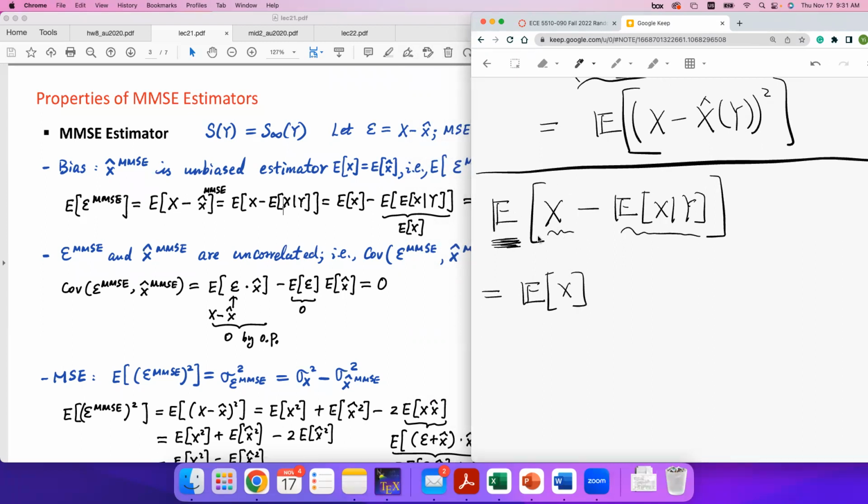We take the expectation of the first term, which only involves the random variable x, so we take expectation over x. But the second term is an iterated expectation. Inside is this conditional expectation, something depending on the random variable y, and outside we are taking expectation over y, the iterated expectation.